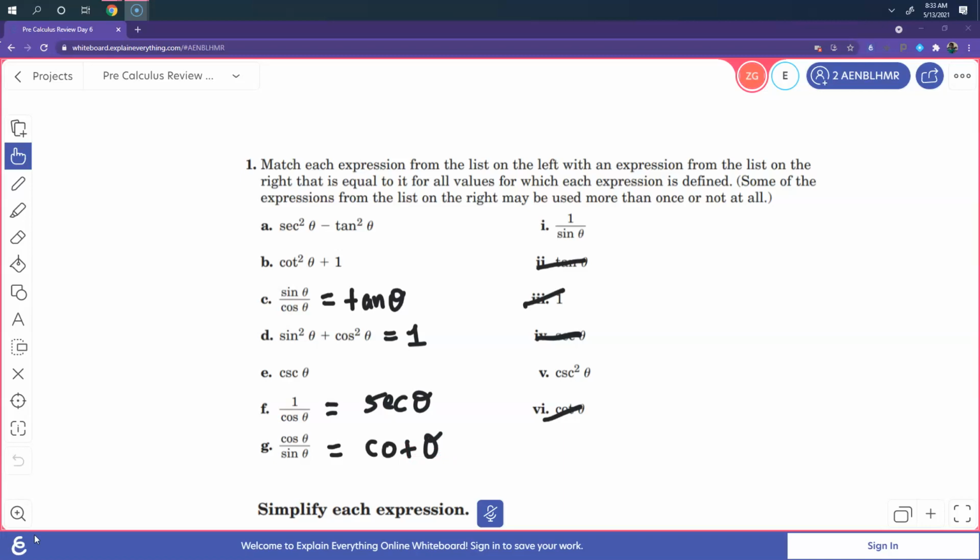Now we have cotangent squared theta plus 1. We have cosecant theta. Well, we know that cosecant theta is equal to 1 over sine theta. And remember that cotangent squared plus 1 is equal to cosecant squared theta.